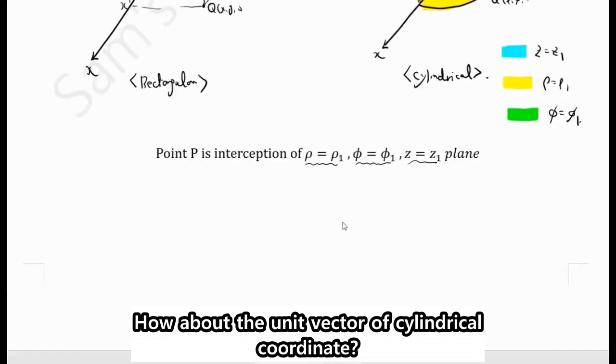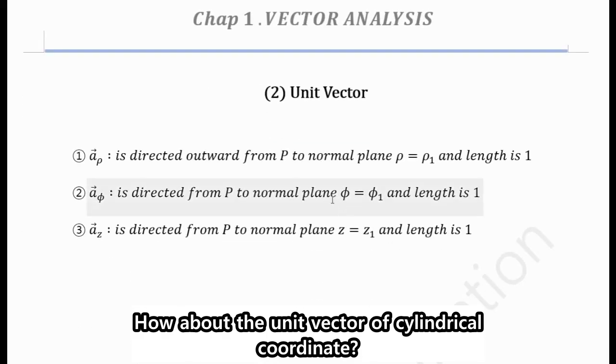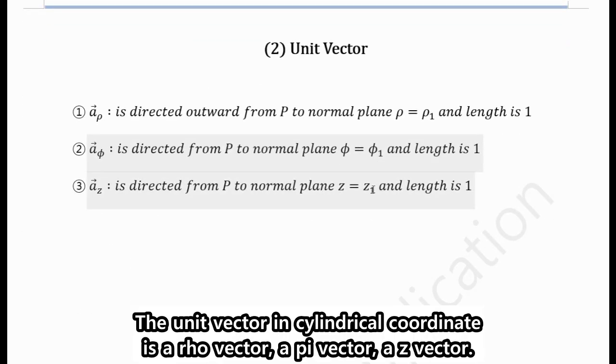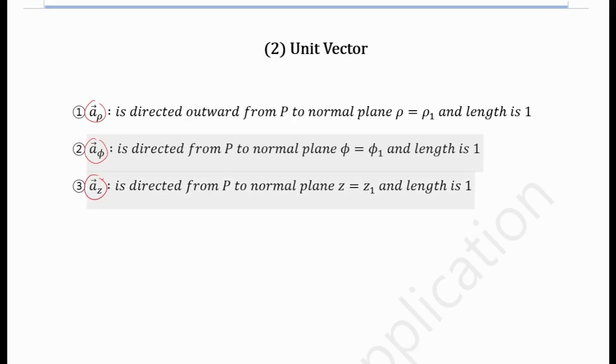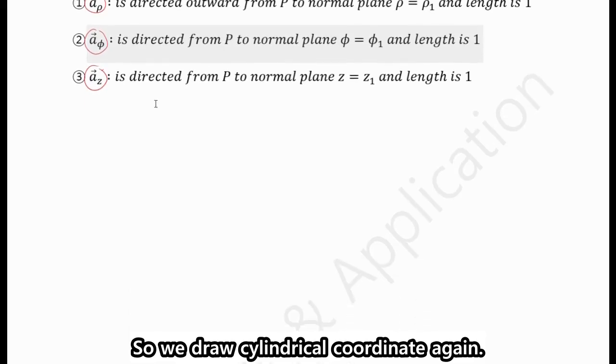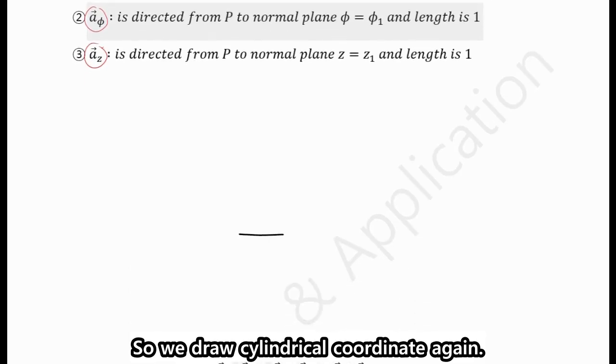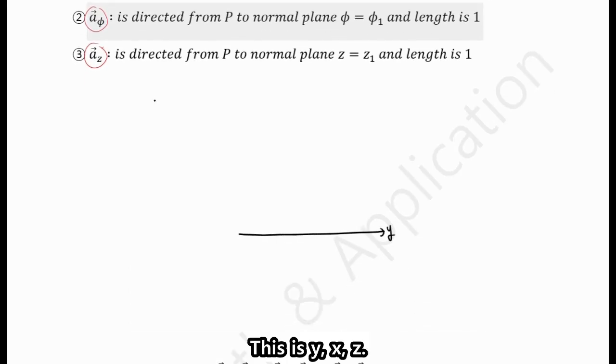How about the unit vectors of the cylindrical coordinate system? The unit vectors in cylindrical coordinates are a rho vector, a phi vector, and a z vector. So we draw the cylindrical coordinate system again. This is y, x, z.